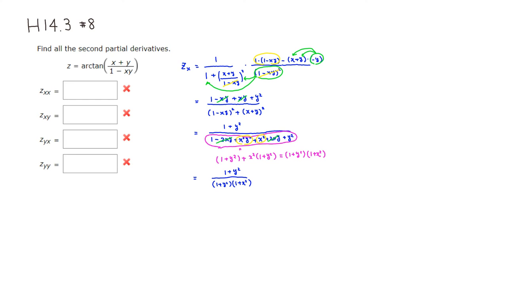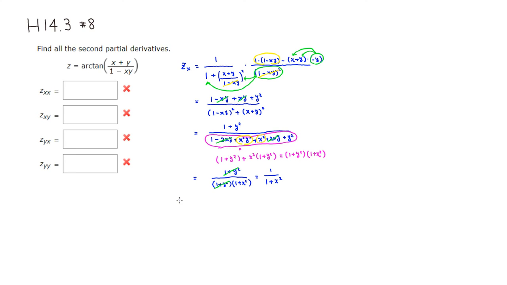Then we can cancel 1 plus x squared on top, the same thing on the bottom. So you end up getting simply 1 over 1 plus x squared. All right, now we have to take another derivative.